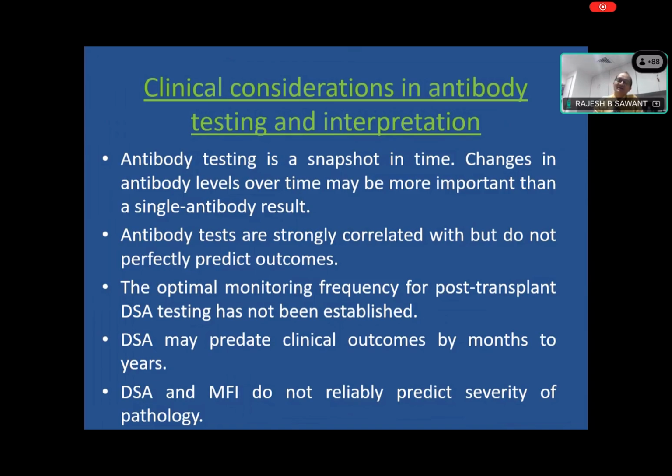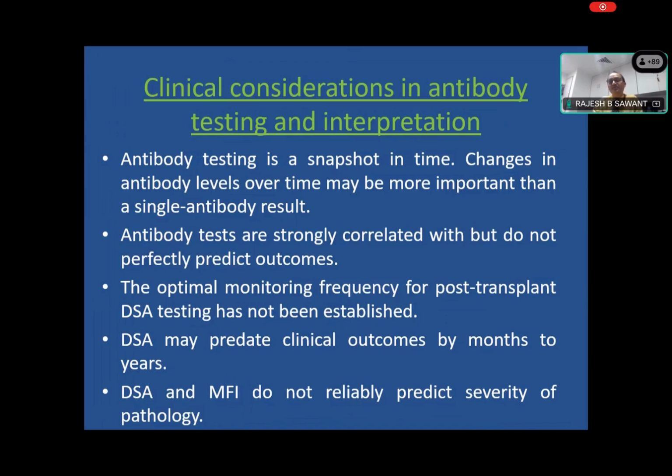But there are rarely also patients where the antibody levels are only in the range of say 2000 or 3000 MFI, which may be considered clinically not very significant, but the outcome is very dismal. We have to keep that in mind.